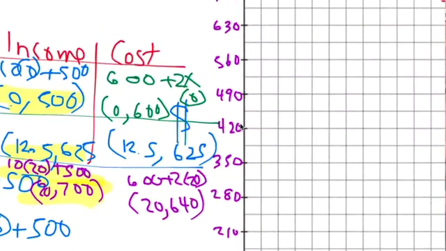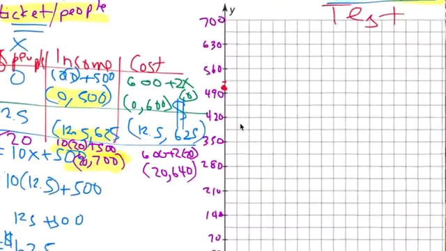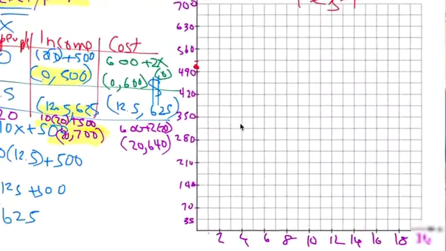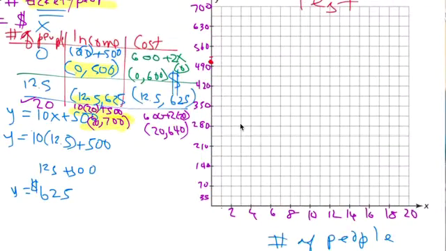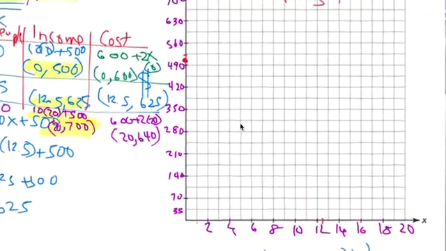So 500 is somewhere there. That's for that one. And then 12.5, 12.5 is right there, and 625.